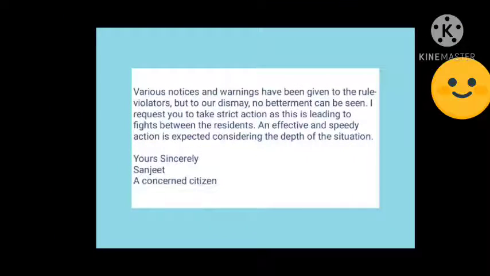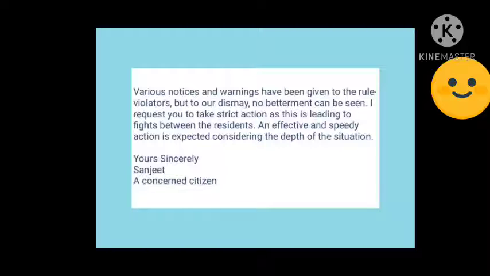Now, the last para. Various notices and warnings have been given to the rule violators, but to our dismay. Dismay means disappointment, unhappiness, a sorrowful situation, helplessness; no betterment, no progress can be seen.